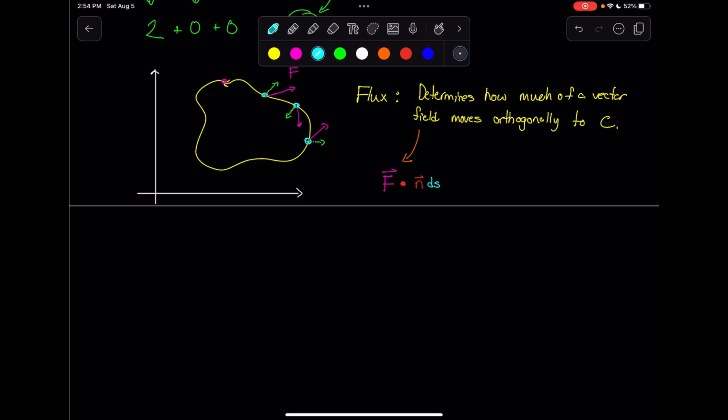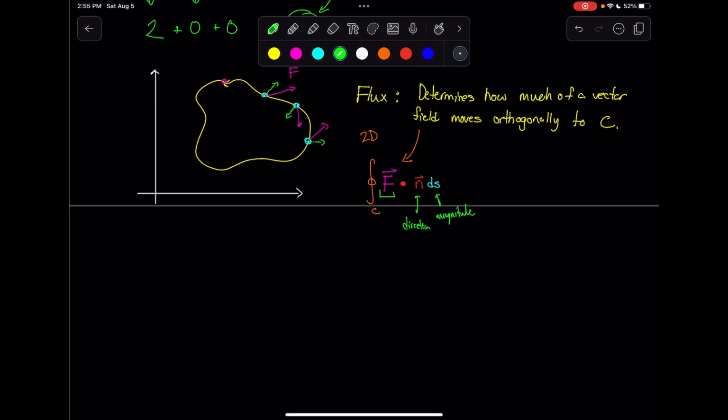So I'm going to write this down, and I'm going to say it one more time. This right here is the 2D variation of flux. It basically says, if we want to figure out how much of the vector field is going in a particular direction, it's the vector field dot, and now we need something that gives direction, and we need something that gives magnitude.